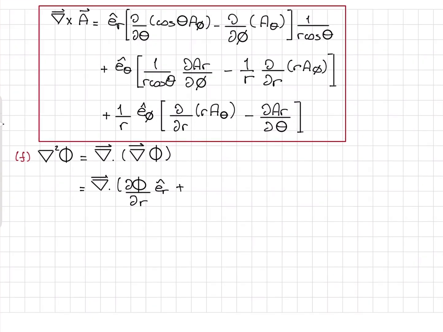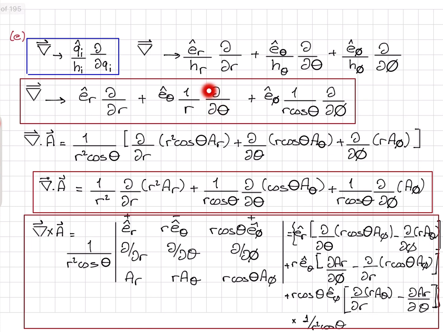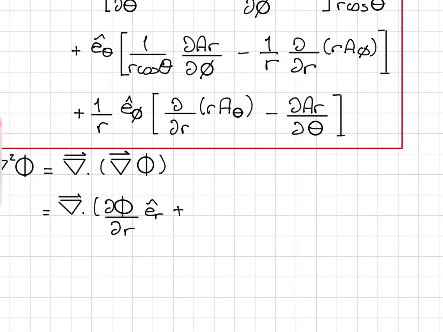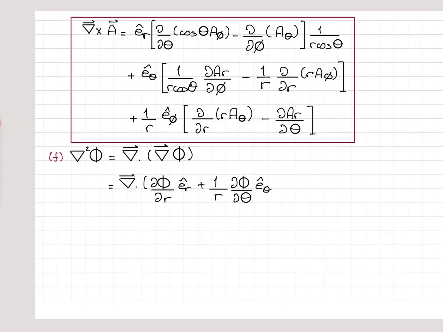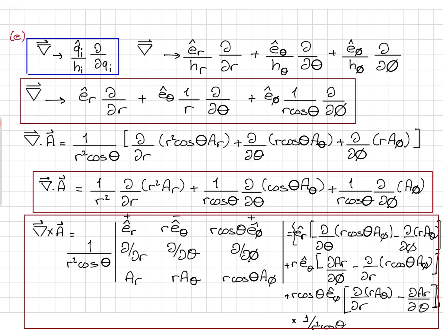Plus, then I have 1 over r e_theta hat del theta, so it's going to be 1 over r del phi del theta in e_theta hat direction, and then I have 1 over r cosine theta e_phi hat del phi.